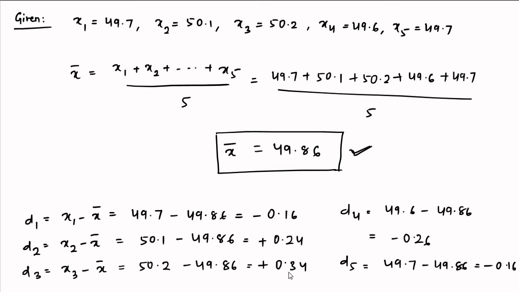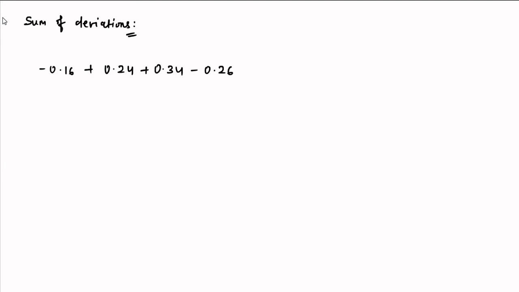Now let us take the sum of all these deviations. The sum of deviations, starting from the first, is minus 0.16 plus 0.24 plus 0.34 minus 0.26 minus 0.16.